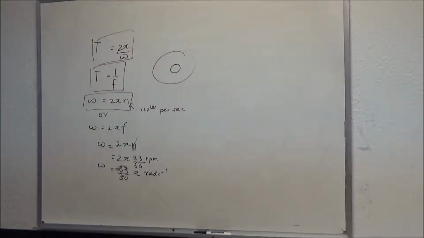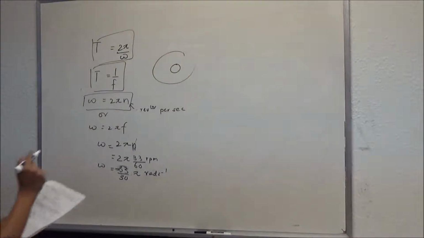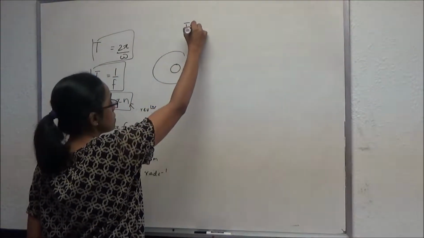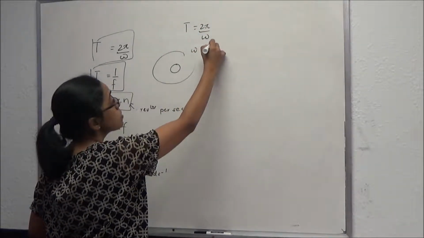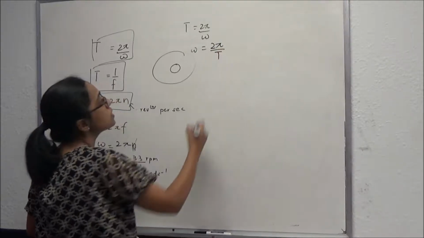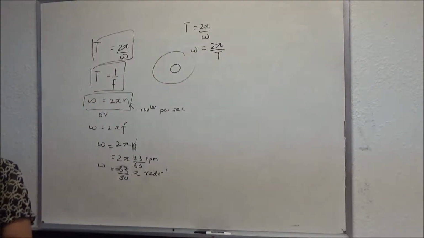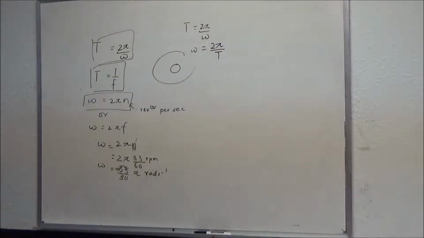The first one? Yes, that's right. Since it's just like a circle, you make use of T equals 2 pi over omega, and actually what we want is omega, so it should be 2 pi over T. We don't have any data there, so what should T be?